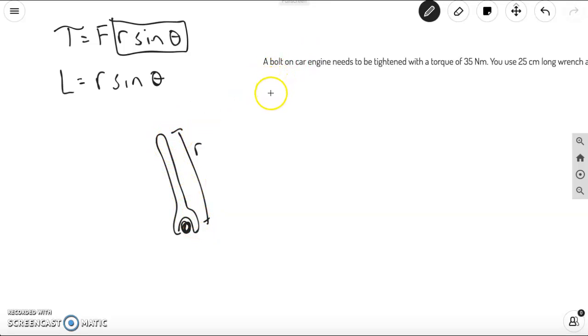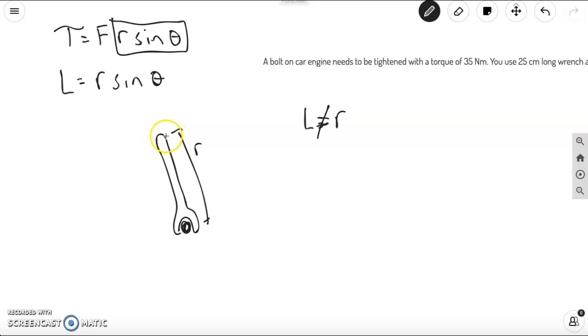Because we are not pushing perpendicular, we're not pushing straight against the wrench, the lever arm is not going to equal the radius in this case. If we were pushing exactly perpendicular, if we were pulling like this, then the lever arm would equal the radius, but in this case it does not.